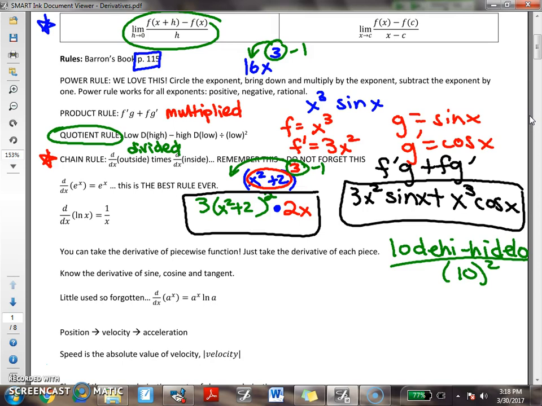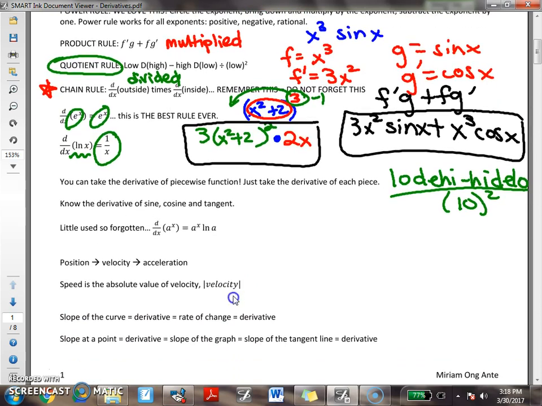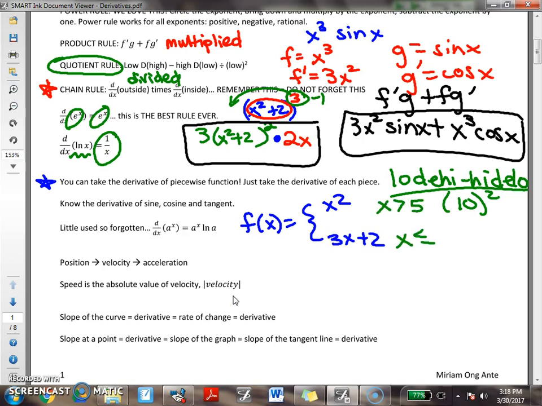Other rules, our favorite one, derivative of e to the x is e to the x. Wonderful. Derivative of natural log of x is 1 over x. Okay, so I just wanted to note here, which we're going to apply a lot later. You can take the derivative of a piecewise function, just take the derivative of each piece, meaning if I have f of x equals x squared and, let's say, 3x plus 2, and then this is x bigger than 5 or x smaller than or equal to 5.